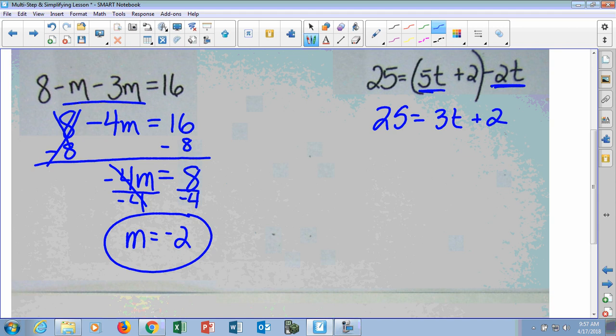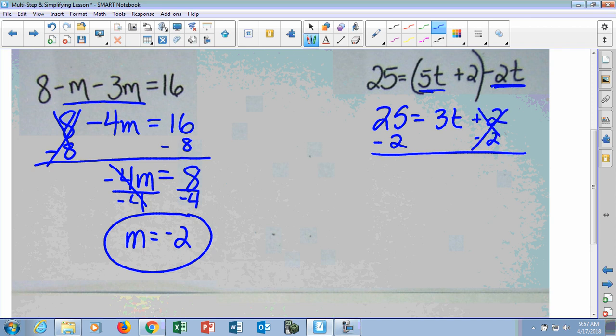Now, if that minus sign wasn't here, then you would distribute. But because it's a minus, this is a term, this is a term. You don't need it. There's no reason for parentheses here. So, how do I get 3t by itself, Anthony? What do I have to do to this? Yeah, subtract 2 from both sides.